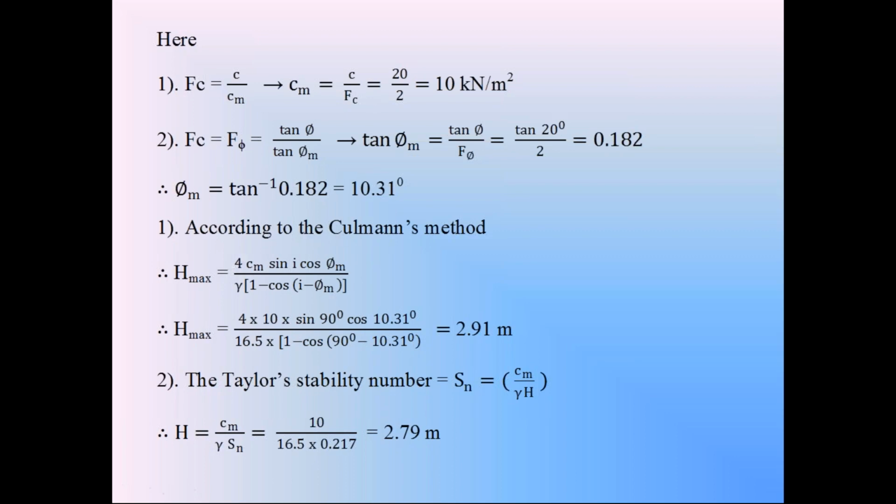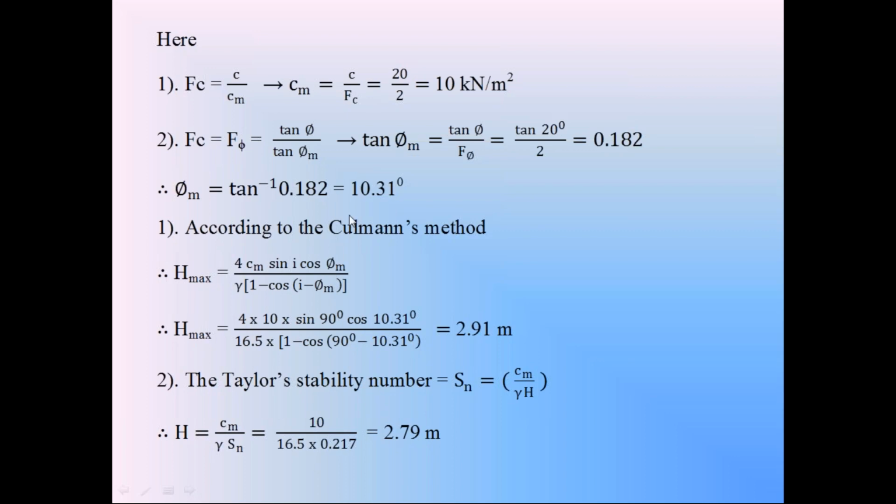We discussed this equation in the Culmann's method theory. So go through the material, read that material, follow this derivation of H maximum in the Culmann's method. Important. So this is the equation. Check the right hand side. We know this Cm value, 10. We know this i value, 90 degrees, because it is a vertical cut.